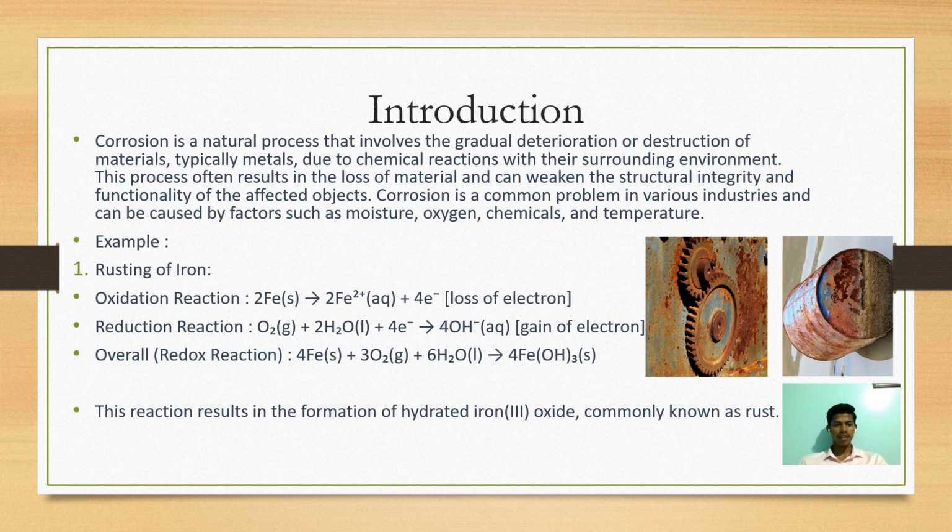So, under this example, we can see two reactions, that is, oxidation reaction and reduction reaction. When we look into oxidation reaction, it is known as loss of electron, where Fe iron undergoes oxidation and liberates electrons, whereas in reduction reaction it is known as gain of electron, and we can see that the electron which was liberated by the iron is gained by the oxygen and water and forms hydroxide.